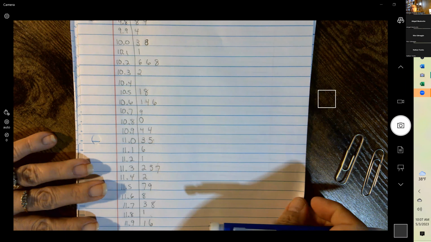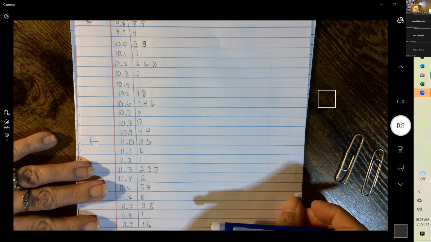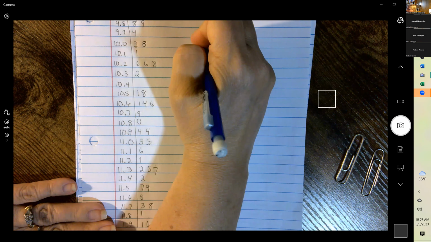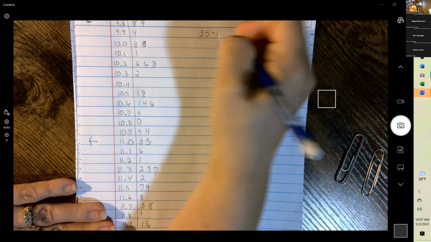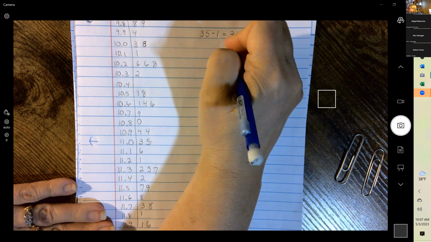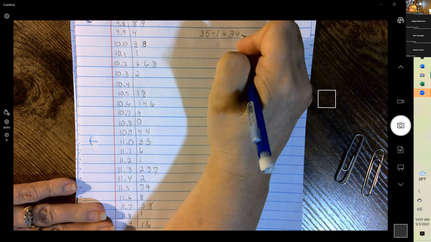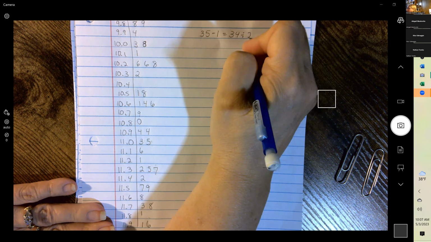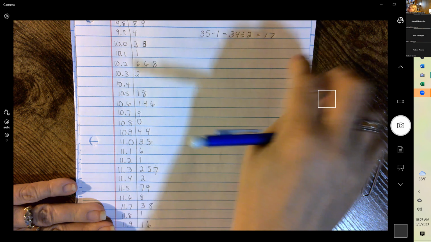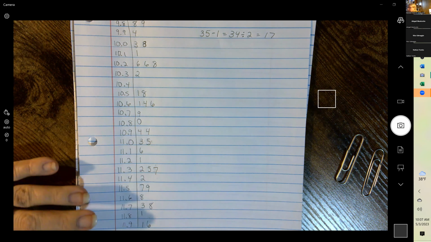And I counted, there's 35 pieces of data. The middle one leaves 34 pieces of data, which means if I divide it in half, there'll be 17 on each side. So I need to count 17 numbers.